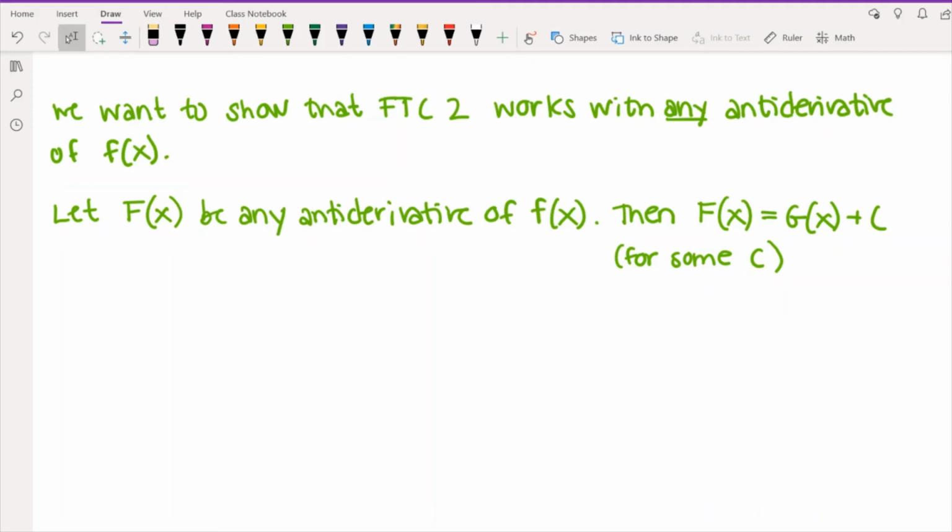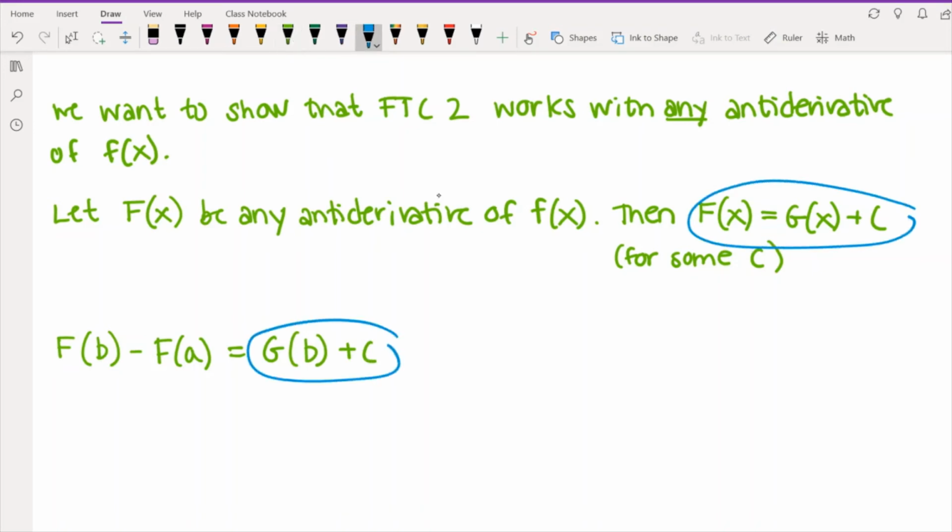Okay, so now we're really ready to finish this off. So let's say that now we want to write down F of b minus F of a, right? Because that's what we wanted to show, for any antiderivative. So what's another way of writing F of b minus F of a? Well, F of b would be the same thing as G of b plus c, basically coming from this fact.